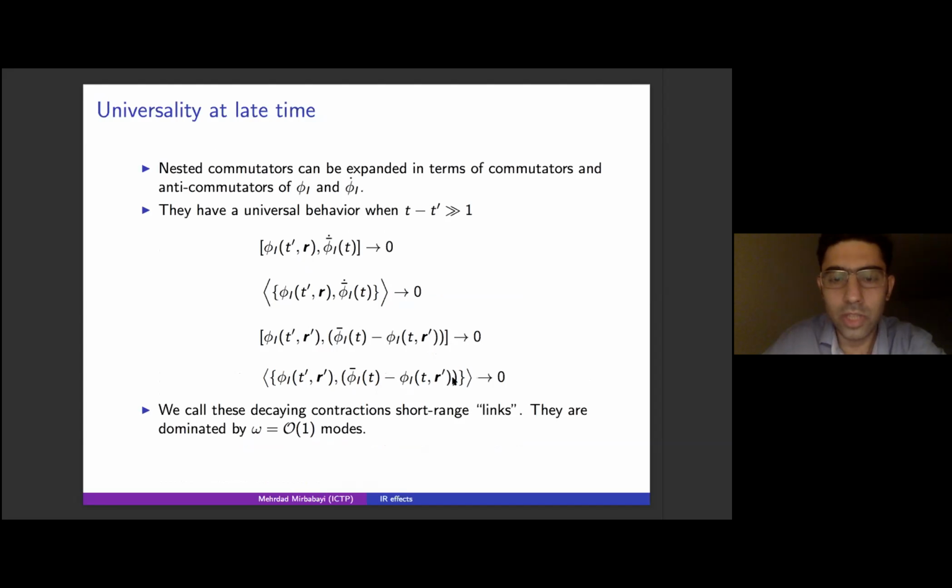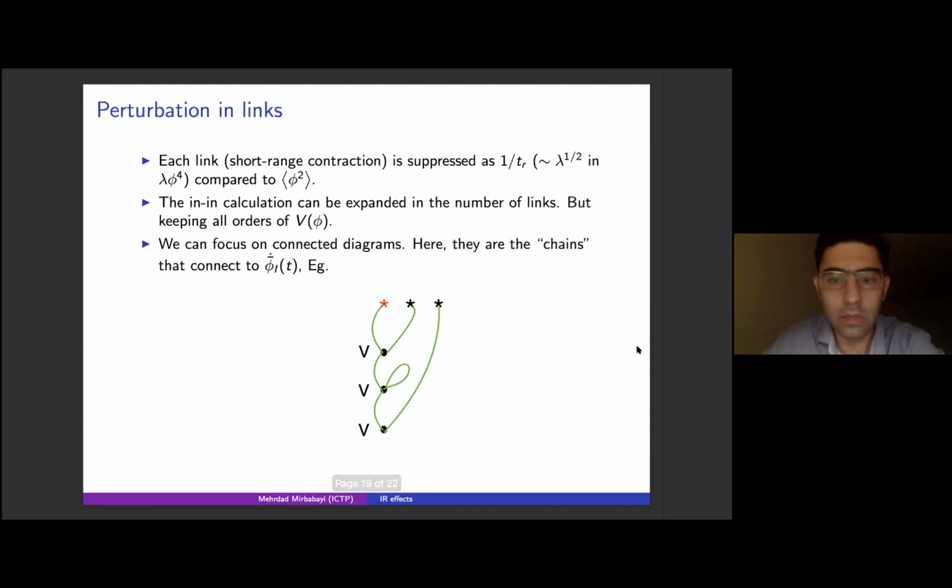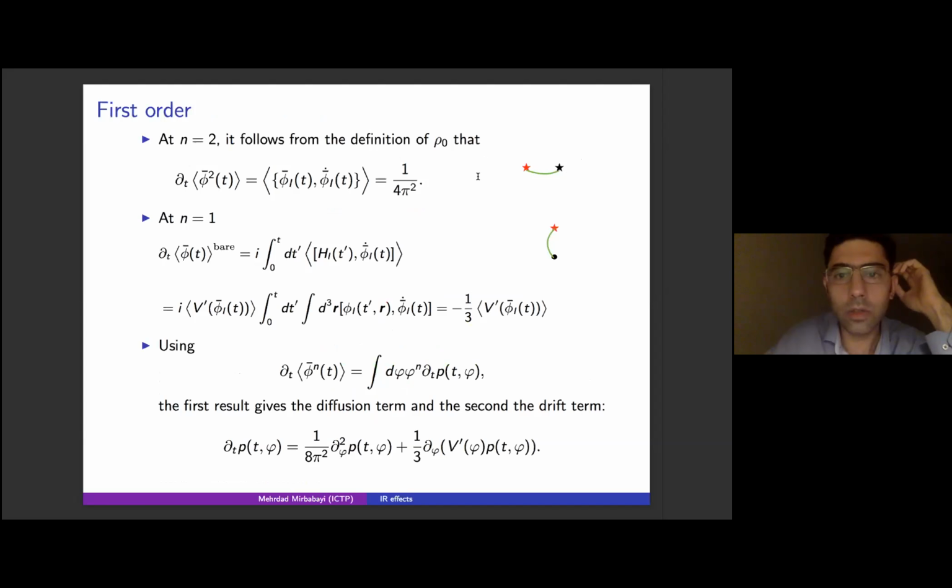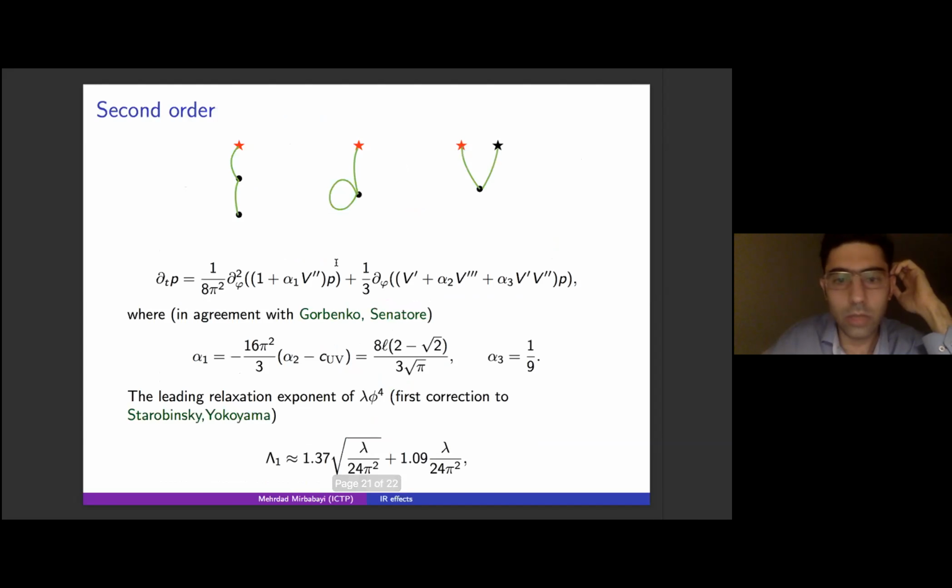So essentially the perturbation theory will be in these deviations from the universal behavior, which can be done order by order. At leading order there is some diagrammatics of how to do it.